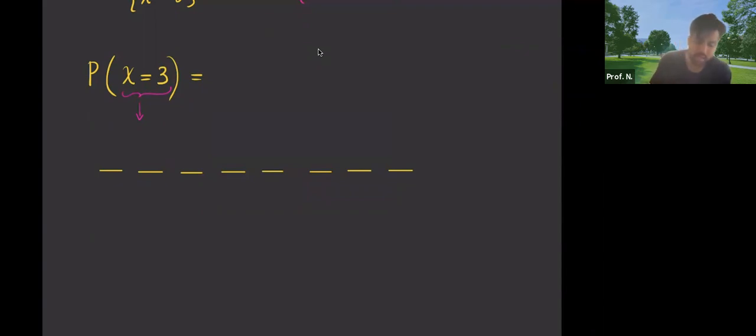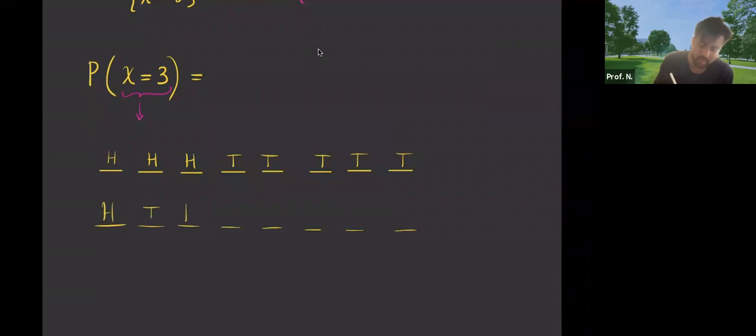So for example, I can have this: heads, heads, heads, tails, tails, tails, tails, tails, correct? Now the question would be, is that the only way to get 3 heads and 5 tails? And the answer would be no. How else can I get this? I can have heads, tails, heads, tails, heads, tails, tails, tails.